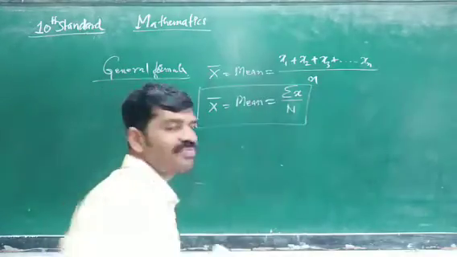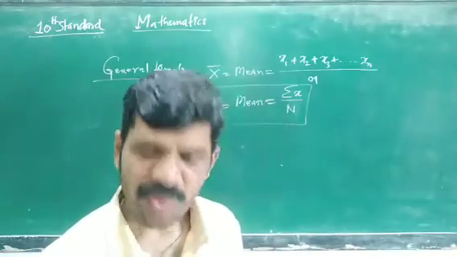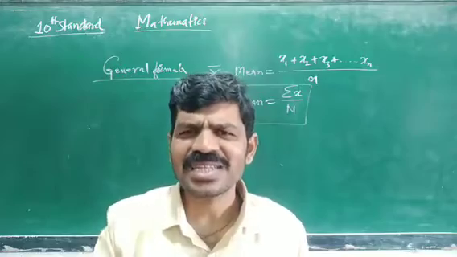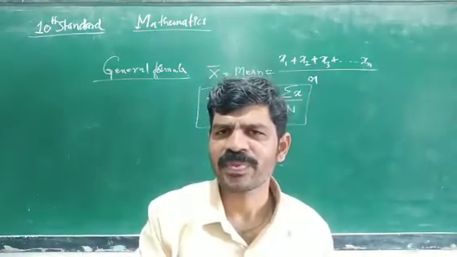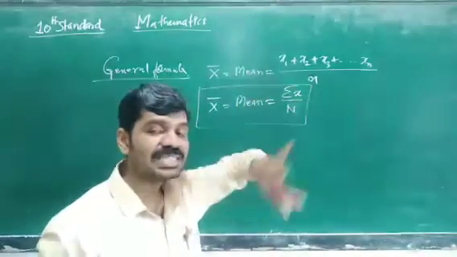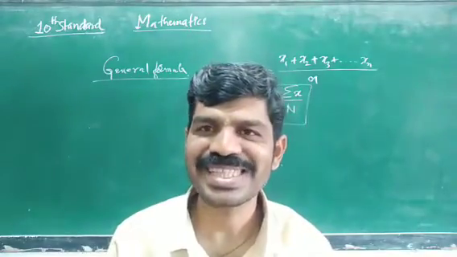So this is the formula of the mean for ungrouped data. What is ungrouped data? Ungrouped data is the data that doesn't contain frequency. If there is a frequency, meaning if one number is repeating 3 times, we'll take frequency 3.